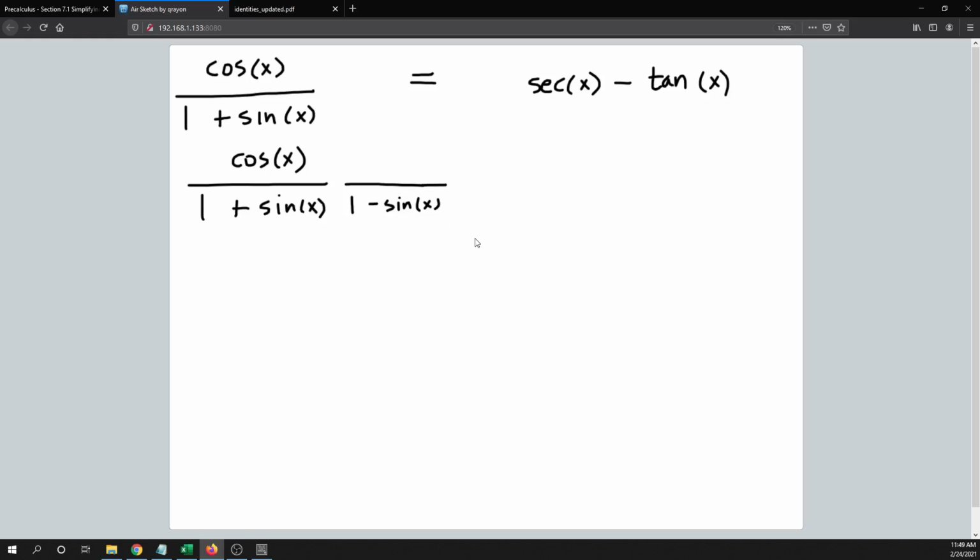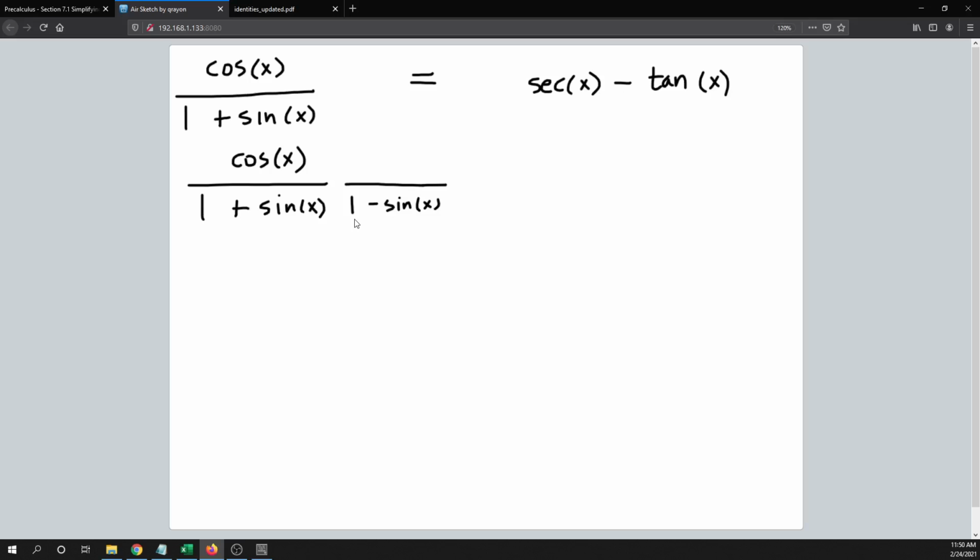I'll work through the steps, and you'll see that this will get rid of the 1 plus sine x, and we'll make it so that there's only one term in the bottom. And by term, I mean something that's separated by addition or subtraction. It's just a lot easier to deal with if it's up in the numerator part of the fraction. Again, this is not an obvious trick, so that's the purpose of this video, to show you how this goes.